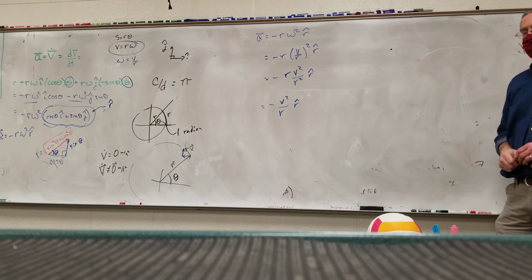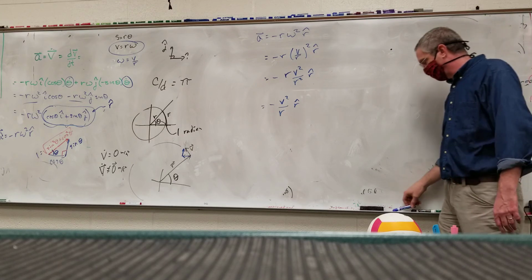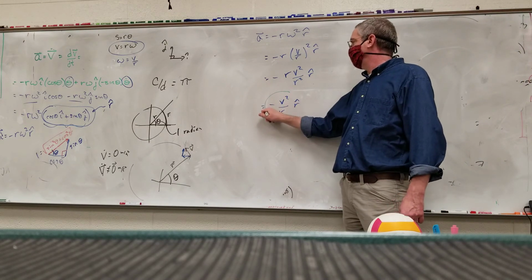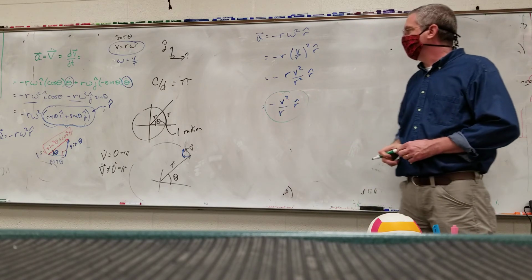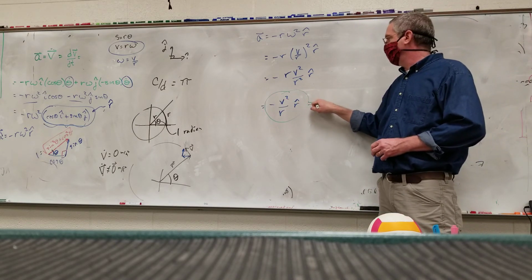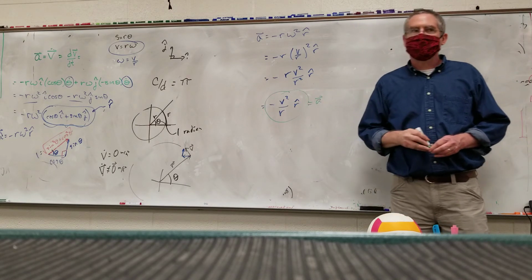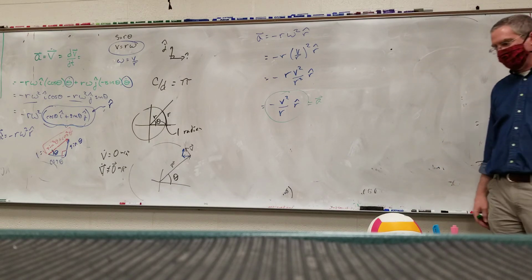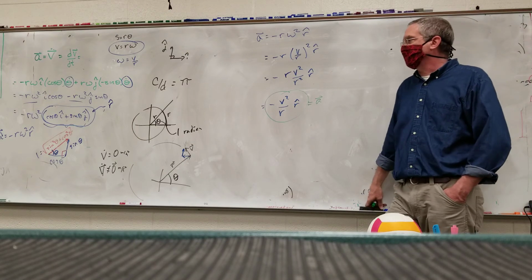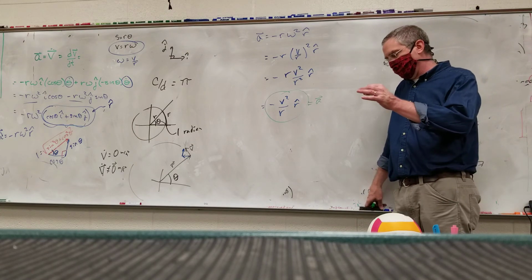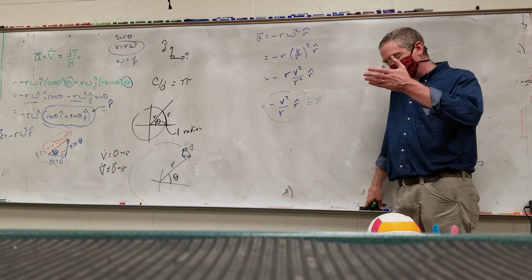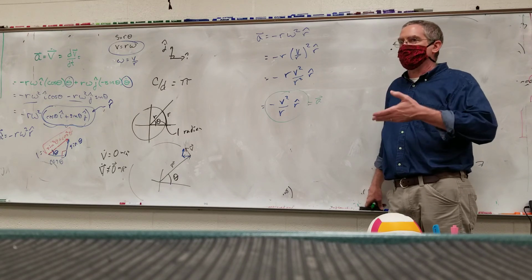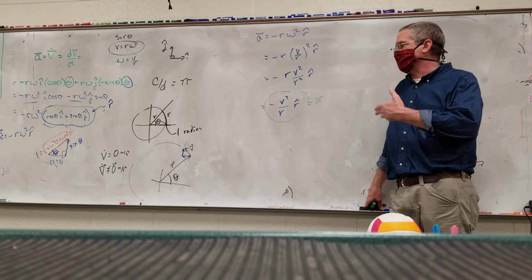If you've had physics before, this definitely should seem familiar to you. Up to this point, we have dealt with acceleration because of a change in speed. We're now dealing with acceleration because of change in direction.